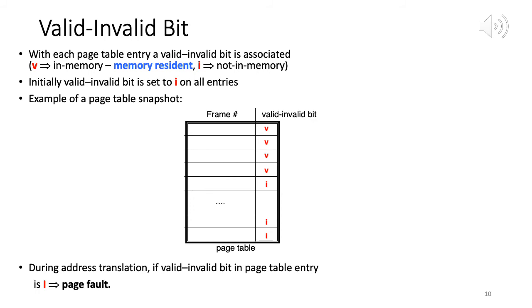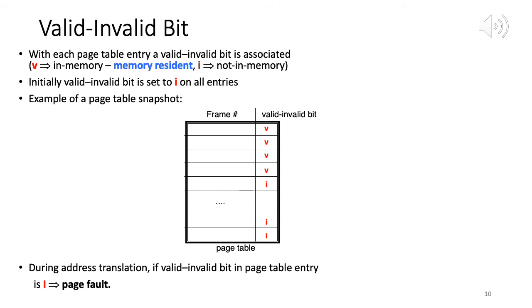With each page table entry, a valid invalid bit is associated. A value of V means the page is in memory, memory resident. A value of I means the page is not in memory. Of course we're using demand paging. Initially, when a process just starts executing, what are the values for this valid invalid bit?